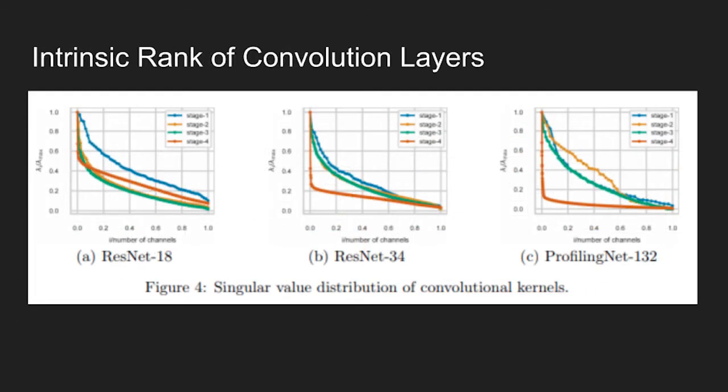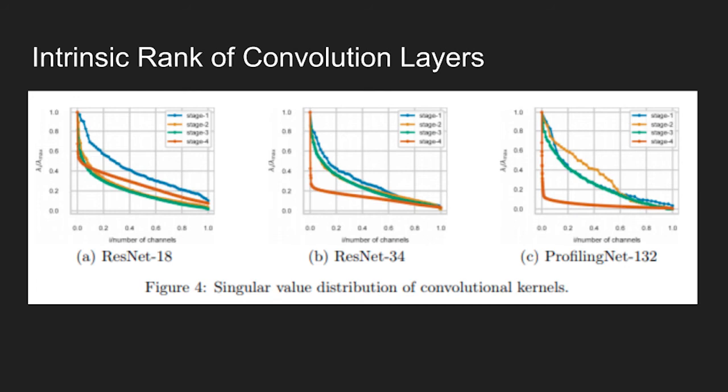The authors analyzed the intrinsic rank of convolutional kernels in different stages. They consider 3 networks consisting of only XX blocks. These are ResNet 18, ResNet 34, and lastly, Profiling Net, which was manually designed by the authors. All 3 networks are trained on ImageNet dataset, and the plot shows the singular value distribution of convolutional kernels in different stages.